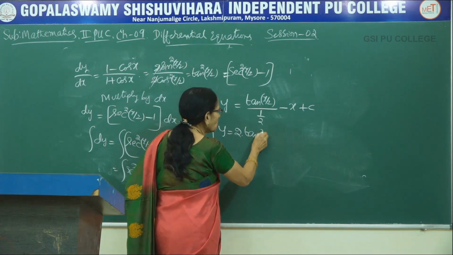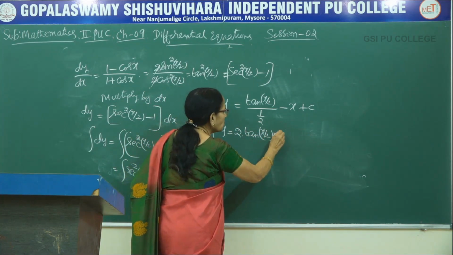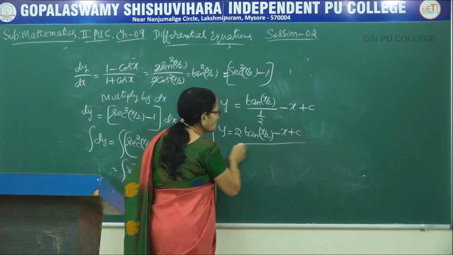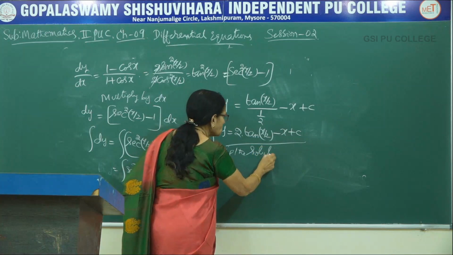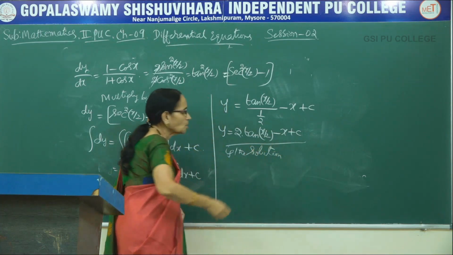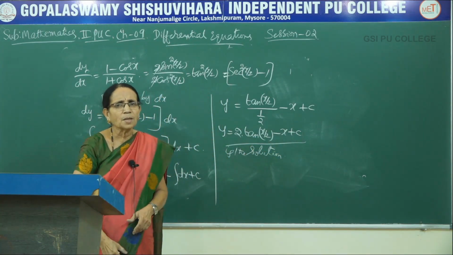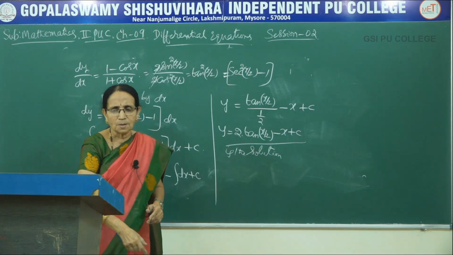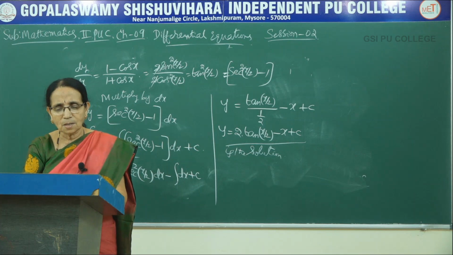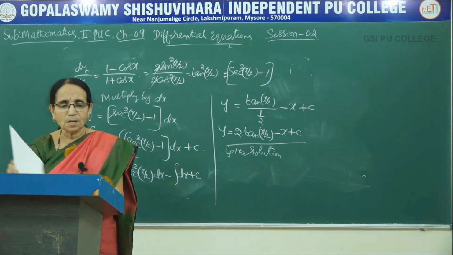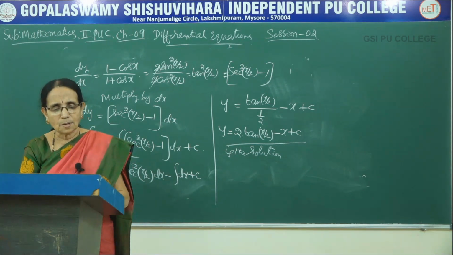So, y is equal to 2 tan x by 2 minus x plus c is the solution. So, this is how you have to write here. No need to do any other simplification here because whatever we have got here directly you can write it as the answer for this one. That is a solution for this one.